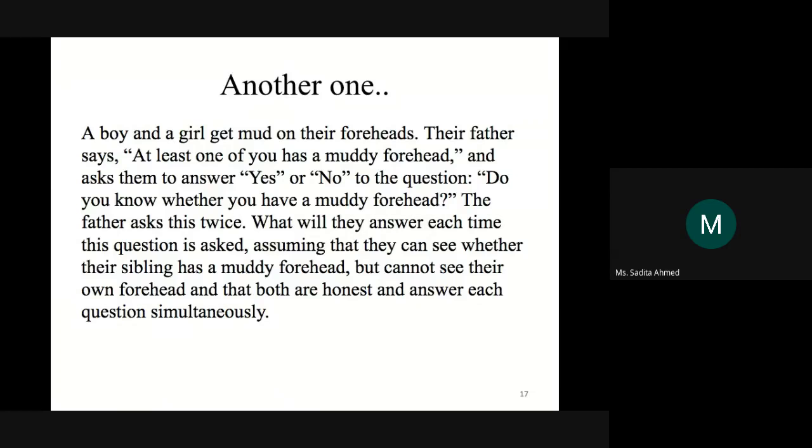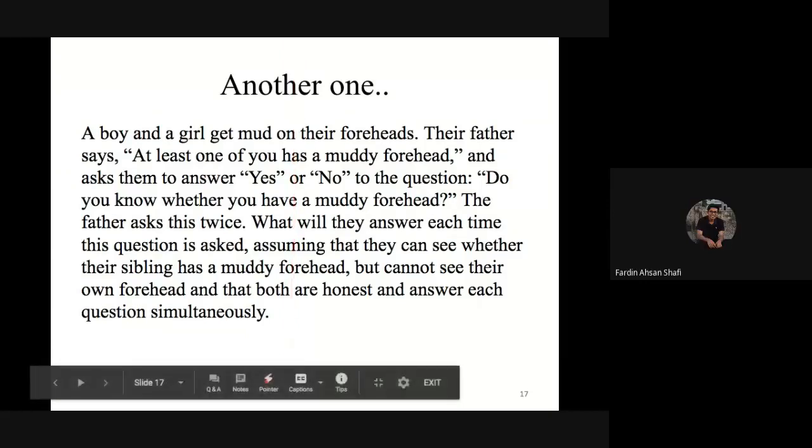Because they can see each other's forehead even though they cannot see their own. But the other person answered no. And also I know that the other person can see my forehead. And also, the dad said at least one of you has a muddy forehead. So these are the things that you need to keep in mind. All right? Now I'll build step by step.